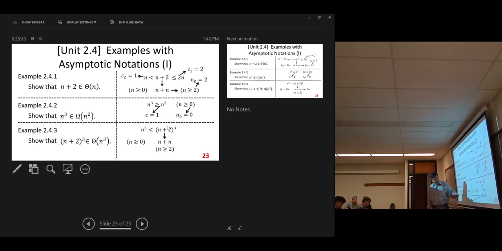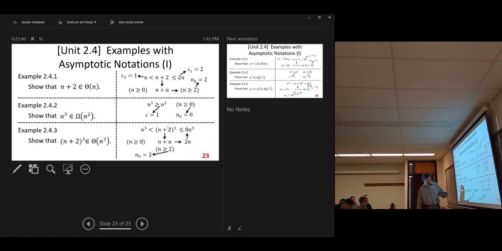After that, 2n cubed. Because this is 2n, we need to raise to the third power. 8 times n cubed. That 8 is another constant. So we get all those numbers we need.